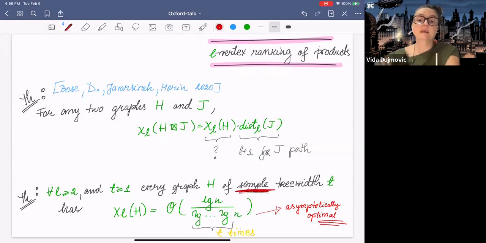If you're familiar with k-trees, it comes from k-trees where you're only allowed to add a simplicial vertex to a clique once. You cannot add it more than once. And simple tree-width appears in a couple of these problems of similar flavor. It turns out the correct bound on graphs of simple tree-width t is log n over t times log log n.